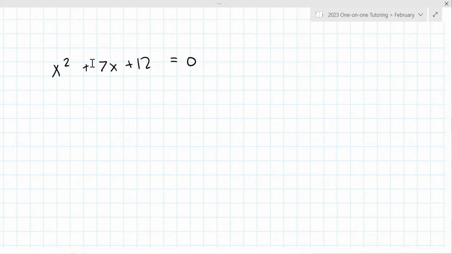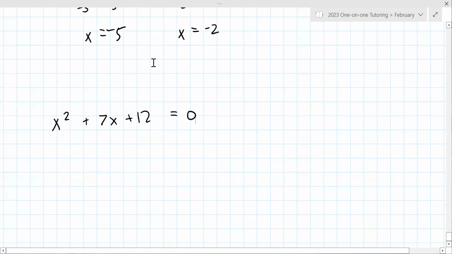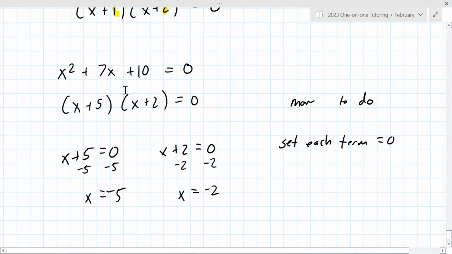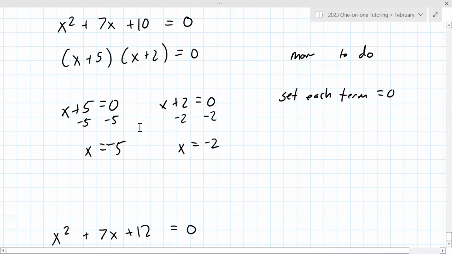So 3 and 4. Wait, can you scroll up really quick? Sure. Two numbers that multiply to 10 but add to 7 in your problem. So it'd be x plus 3, x plus 4.